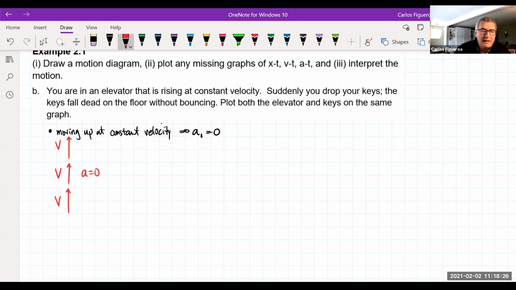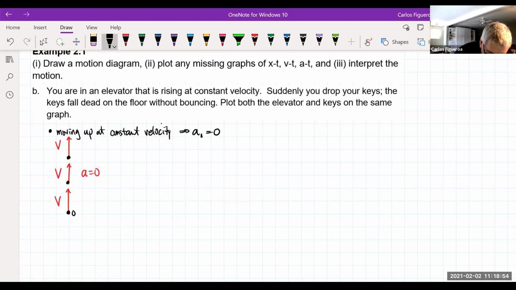Now let's look at the next part of the question. Suddenly you drop your keys. Okay, so what I'm going to do here is that I'm going to come over here and I'm going to start to label my points here so that it's a little bit more clear. So let's say it's already moving and here's where I'm going to start my clock. Is there an interval before this? Of course there is, but we're not going to get into that detail.